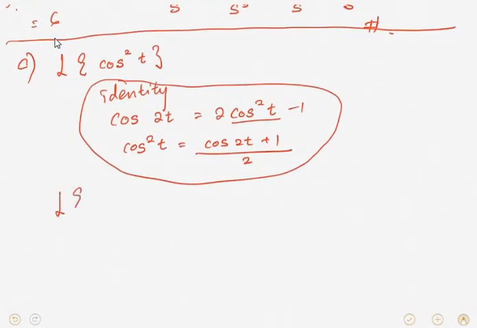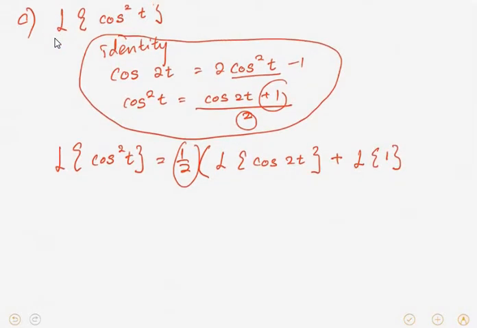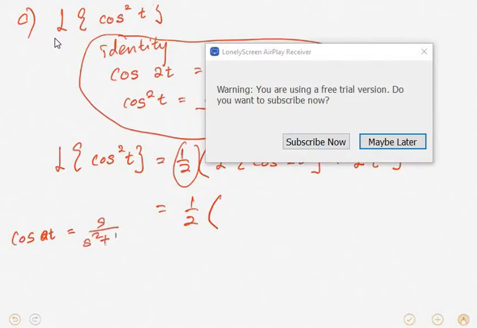So the Laplace transform of cos squared t is equivalent to half of (cos 2t plus 1). We take out the half, 1 over 2, to here: the Laplace transform of cos 2t plus the Laplace transform of 1. Based on the table of Laplace transforms, cos at is equivalent to s over s squared plus a squared.